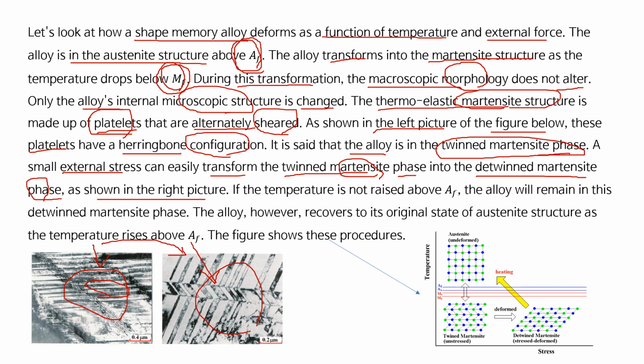If the temperature is not raised above AF, the alloy will remain in this detwinned martensite phase. However, the alloy recovers to its original state of austenite structure as temperature rises above AF, austenite finishing temperature. This figure shows these procedures.